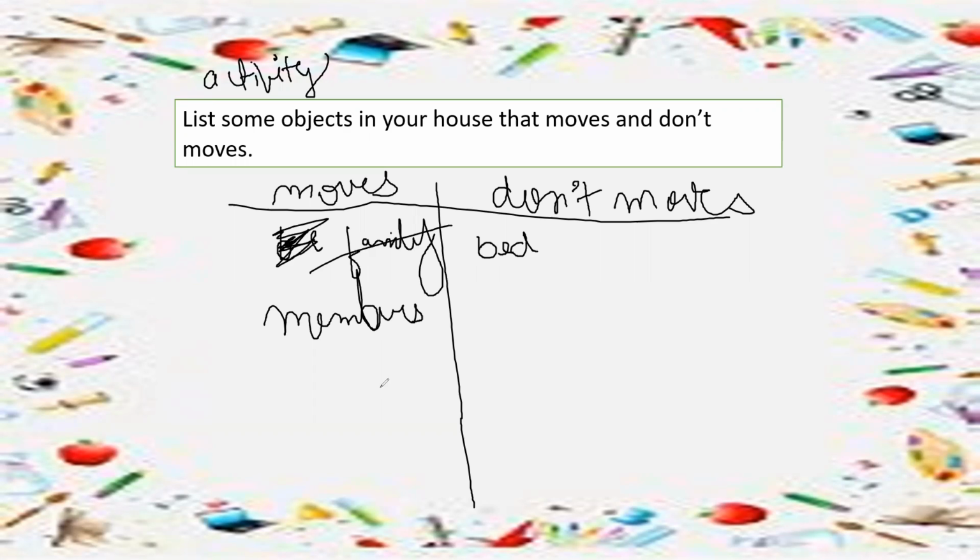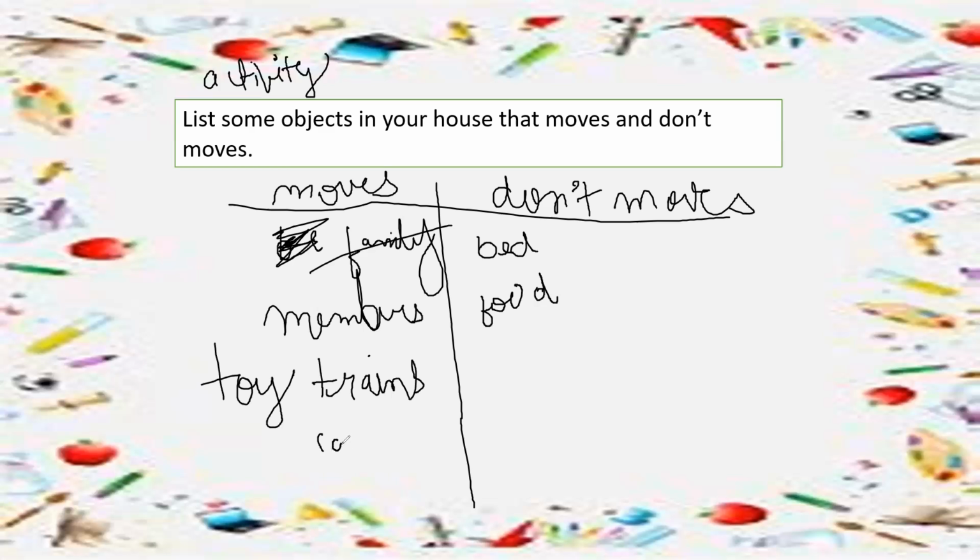What then goes in don't move? We can write food. Food doesn't move. And you can say toys. Some toys move, like a toy train. In many houses, toy trains or toy cars are there.